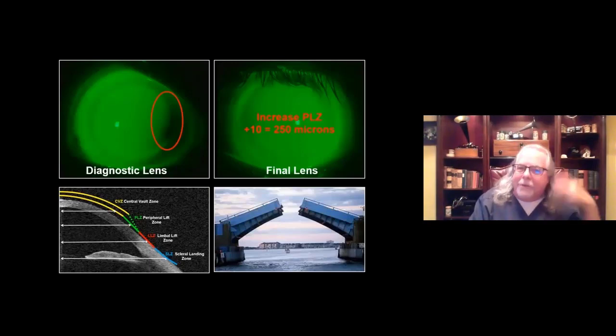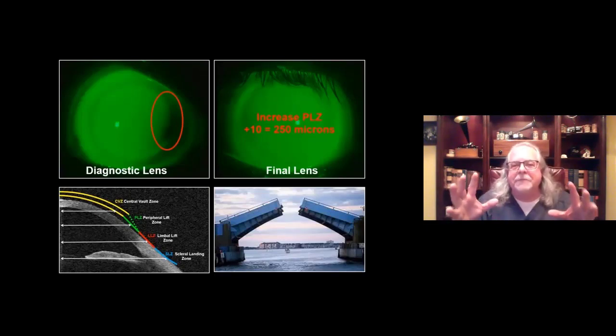When you're going through these changes in your head, remember this crazy little image down below, that drawbridge. I'll tell you, that drawbridge in my mind is there every time I'm fitting an ICD FlexFit lens.